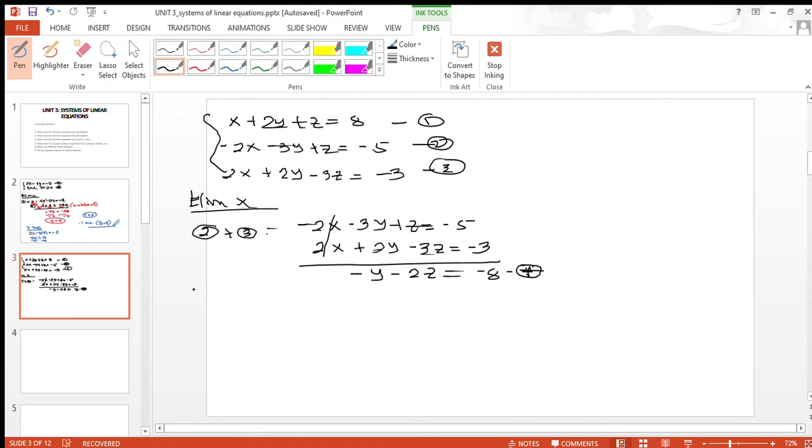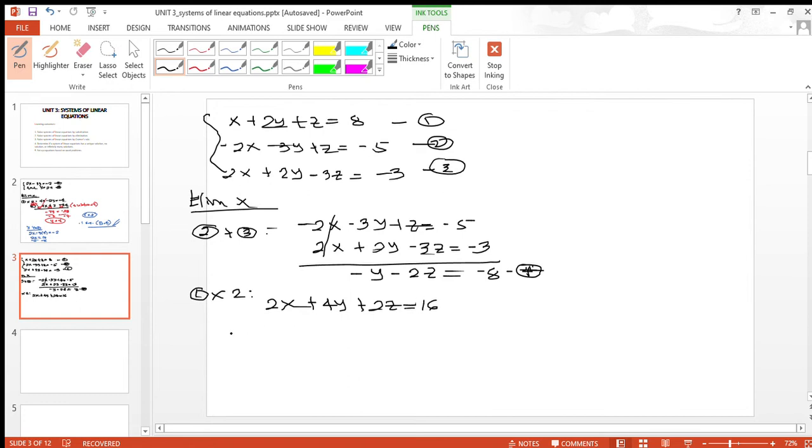We must first multiply equation 1 by 2. So that gives us 2x plus 4y plus 2z equals 16.